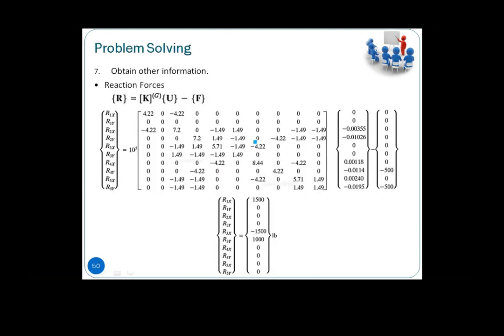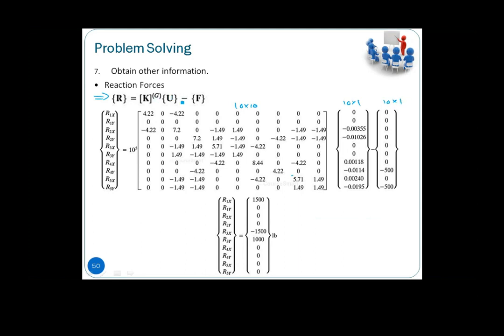All right, so once you have solved it, you can obtain other information, right? Post-processing part. For a truss system, sometimes we are interested in the reaction force, especially at the support. So if you want to find the reaction force, this is the formula. You want to find the reaction force at 1x, 1y, especially 3x, 3y, that is at the node. So what we do is reinsert our global stiffness matrix, a 10 times 10 matrix, with our U as a 10 times 1 matrix and our F as a 10 times 1 matrix.